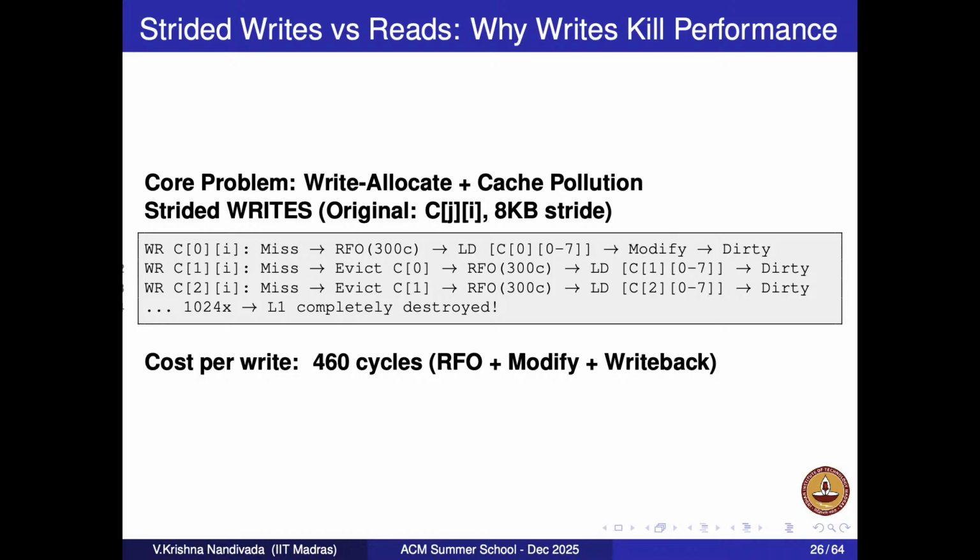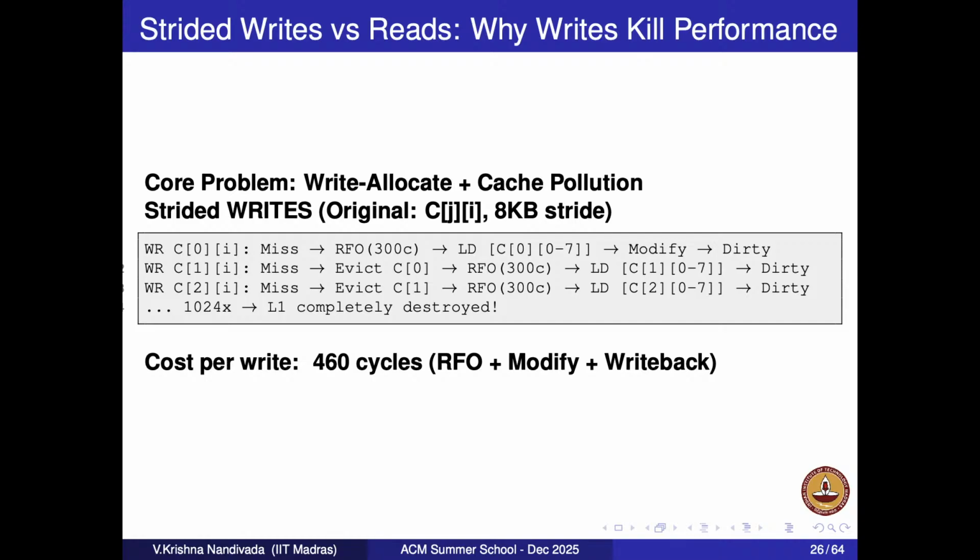If bringing from memory to cache is around 300 cycles, there is some small cost, say around 100-150 cycles, for eviction and write back, okay.